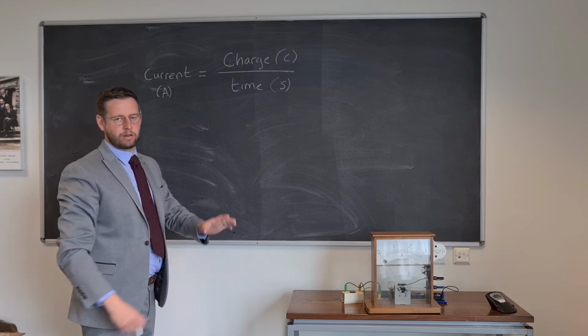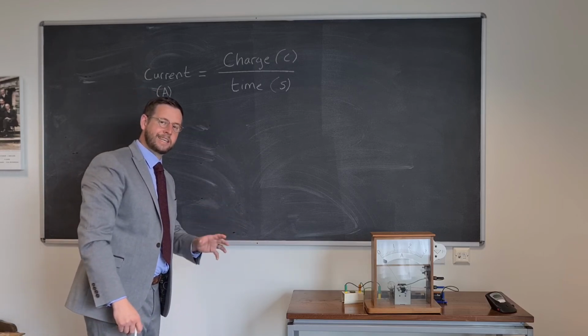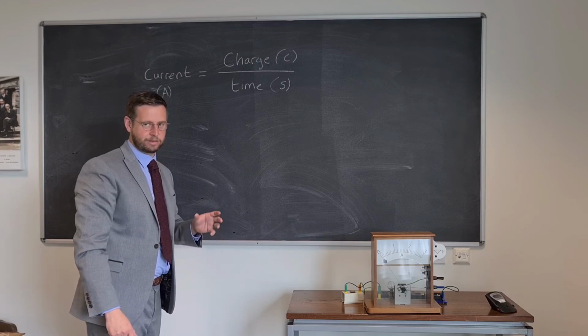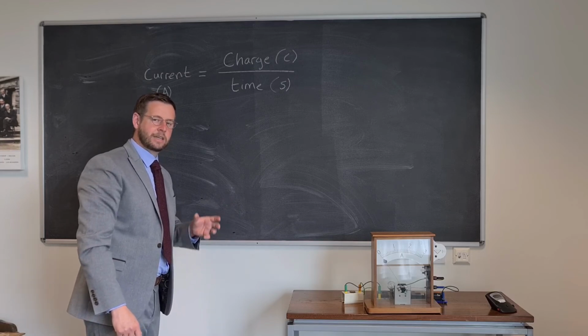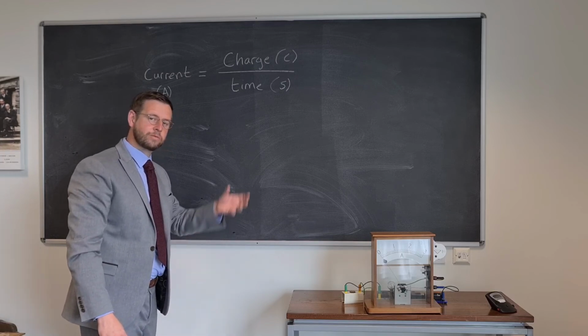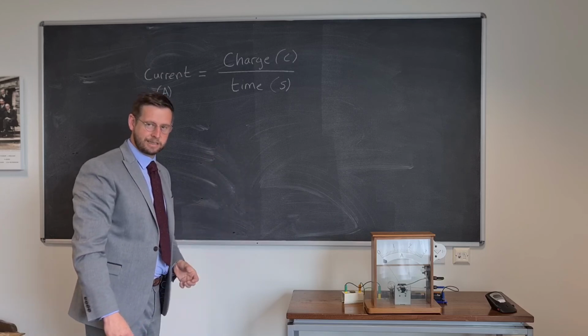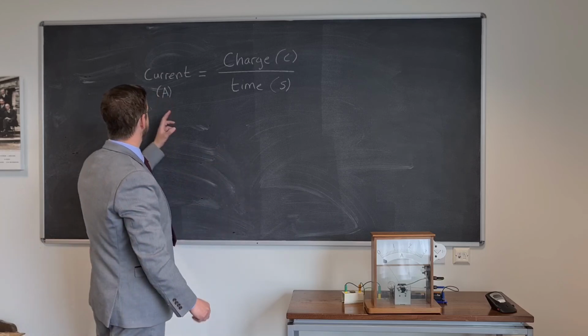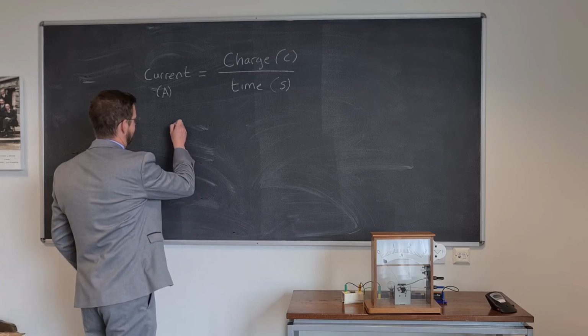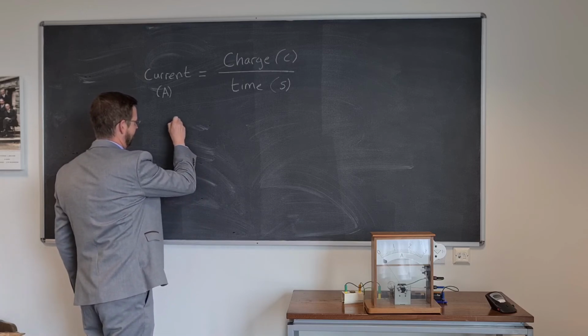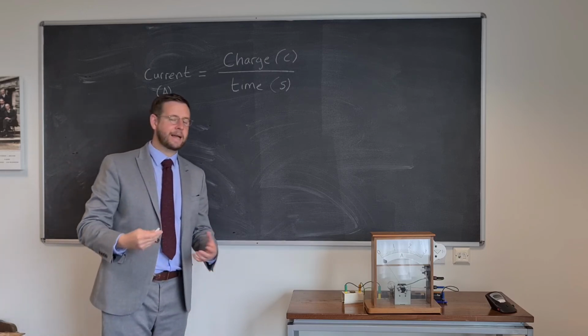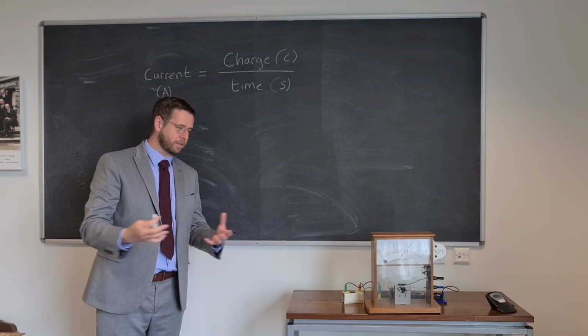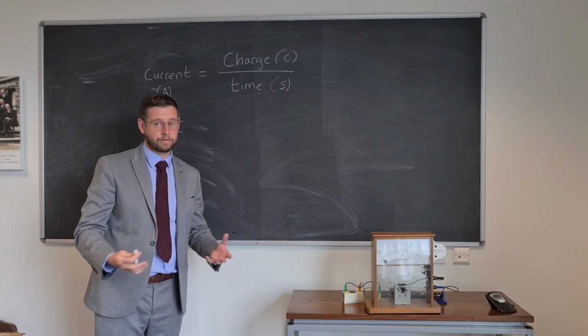Now, word equations are great. They help you see how the quantities relate to each other, but scientists use a shorthand to represent this as symbols. The symbol for current is the symbol I. And that is because Ampere, who discovered and first talked about current, was French.